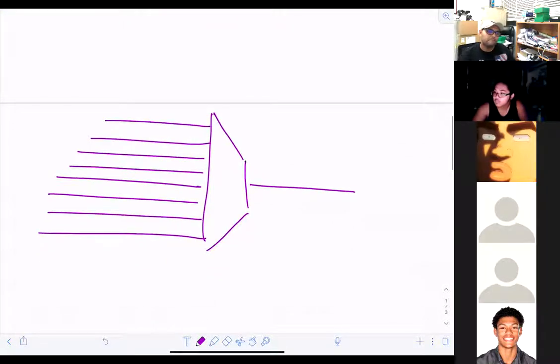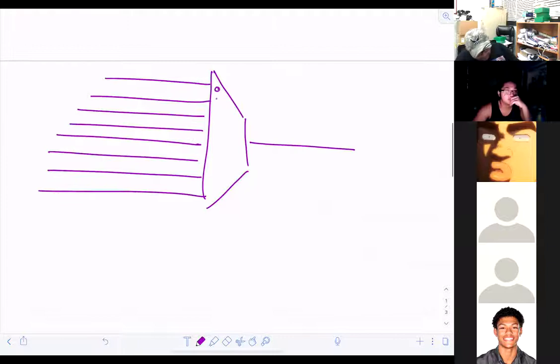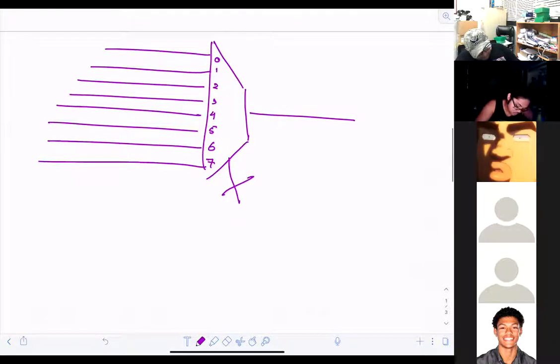Can we use 3 multiplexers of 4x1? You can do many things. I'm going to show you. 1, 2, 3, 4, 5, 6, 7. And then we have here what? The selector is going to be a 3-bit selector, and OB will be here.